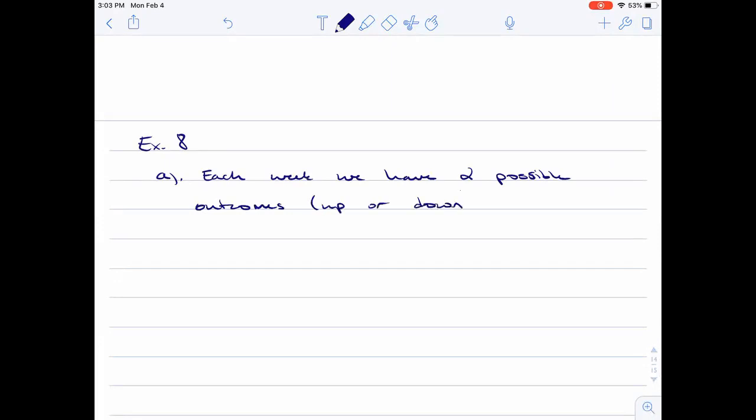Up or down, right? Which is what makes it a binomial.